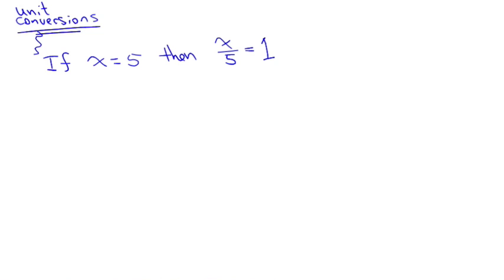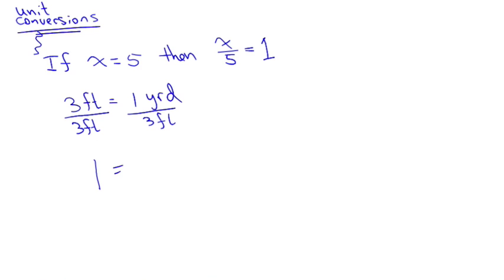For instance, you know that there are 3 feet in 1 yard. I hope you know. I pray you know that there's 3 feet in 1 yard. So if I divide both sides by 3 feet, for the same reason that x equals 5 changes into x over 5 is equal to 1, 3 feet over 3 feet is 1, guaranteed.